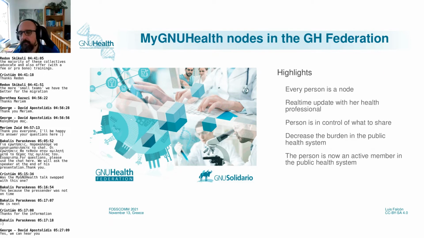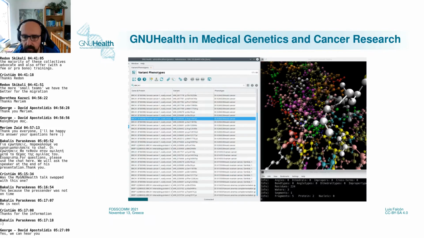I will leave this presentation. It's already there, so you can read it later on with more time. As I was talking, here is an example of the medical genetics and bioinformatics information that we cover within the GNU Health ecosystem.